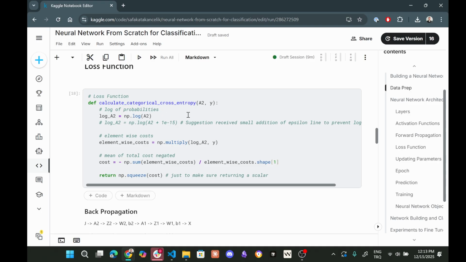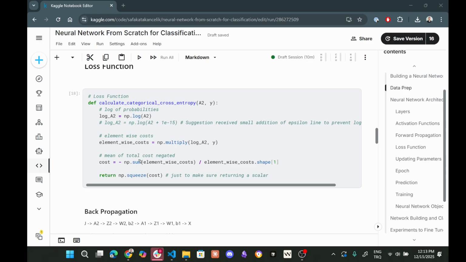Simply what we do is that we get the log of the probabilities, and then we calculate the element-wise costs. This simply enables us to filter out those probabilities that correspond to the zeros in the one-hot encoded matrix, which is already featured, our true matrix.